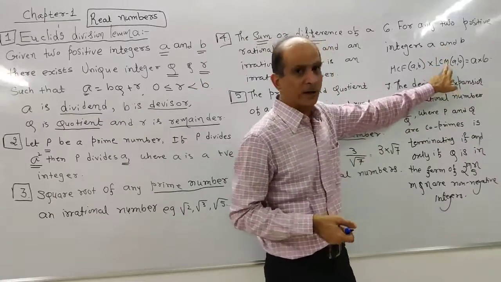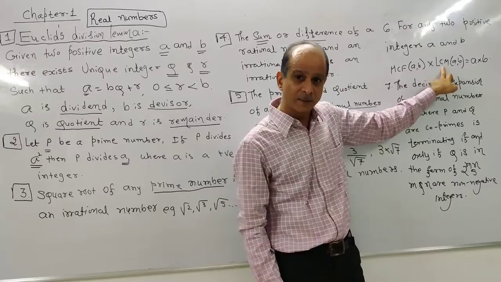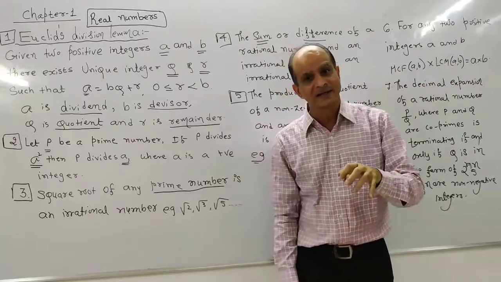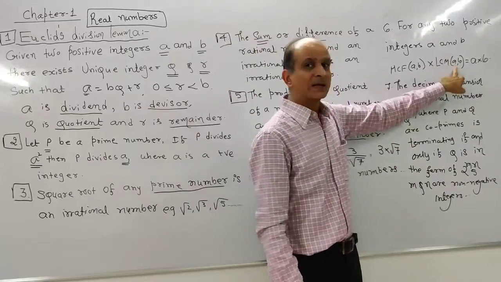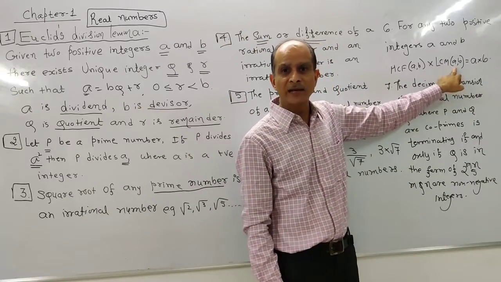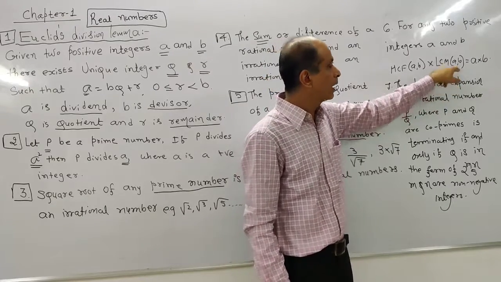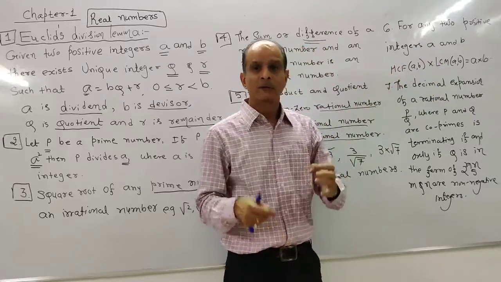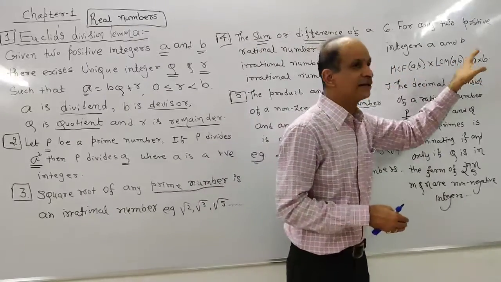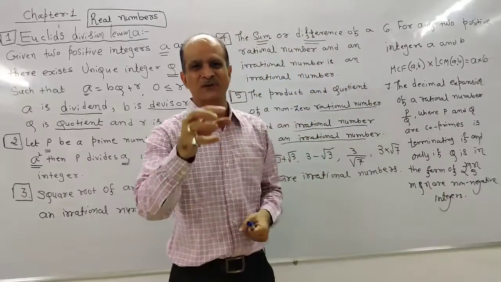First of all, you have to find out multiples, then you have to find out common multiples, and the lowest, smallest common multiple of these two numbers a and b is known as LCM of a and b. If you multiply HCF and LCM, this is equal to a into b, where a and b are two positive numbers.